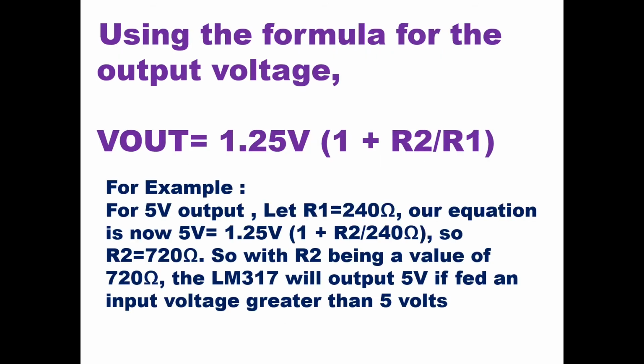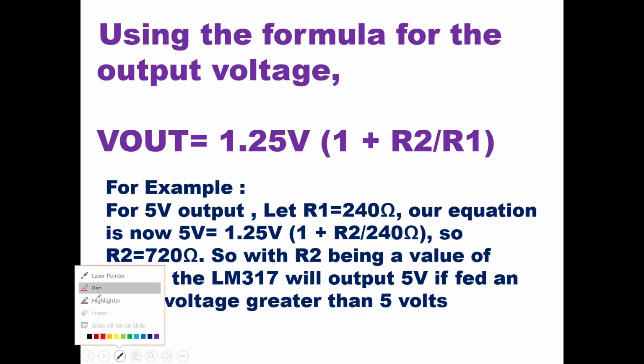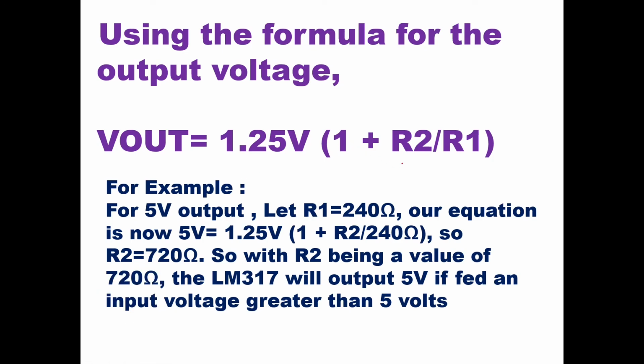Now here, students, the formula for the output voltage is Vout equal to 1.25 volt times (1 plus R2 upon R1). Here R1 and R2 are the resistances given in the circuit.